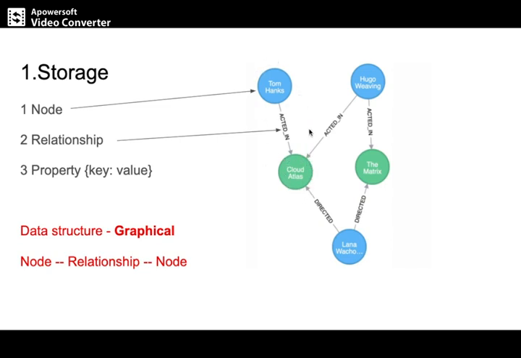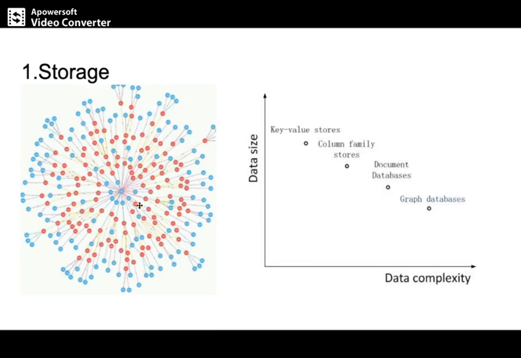So it states a relation that Tom Hanks acted in Cloud Atlas, and by expanding the nodes and the relations and the connections between them, the database can grow up to a larger one. And because of this structure, neo4j can handle more complicated data than other databases. But on the other side, the data size will be limited.